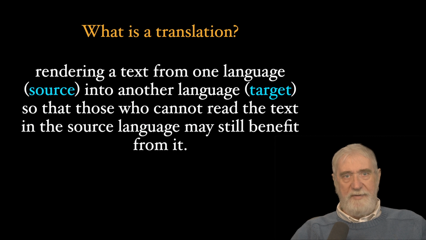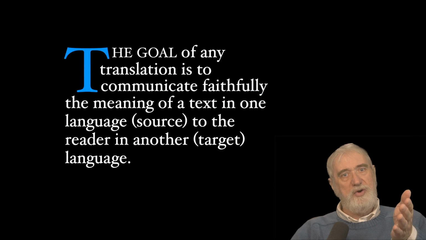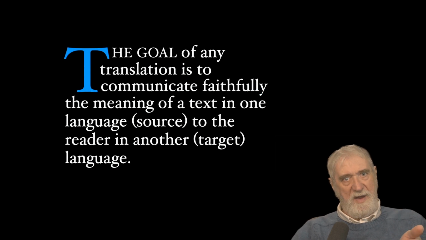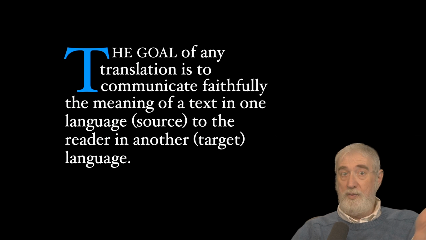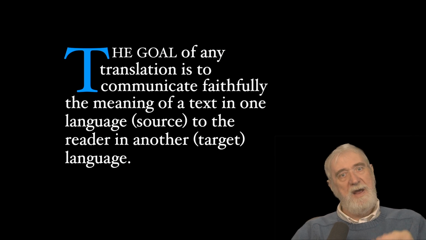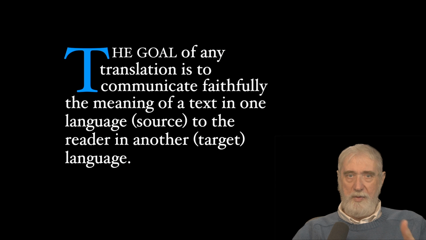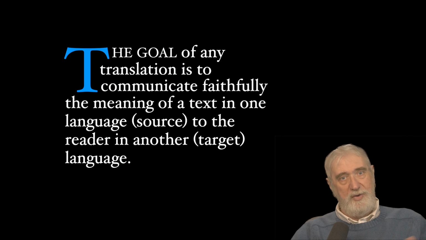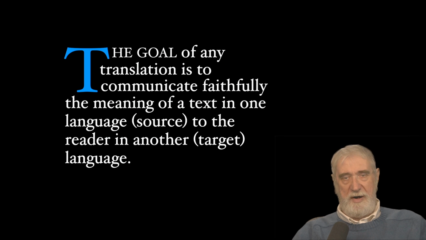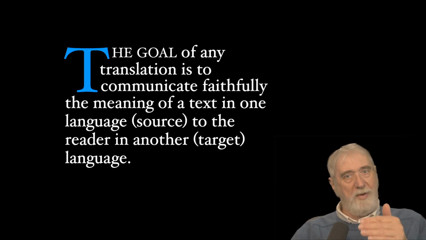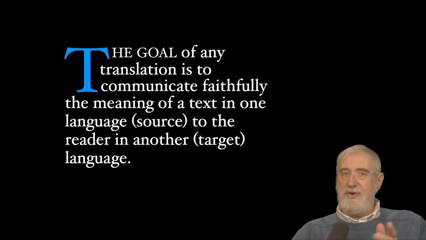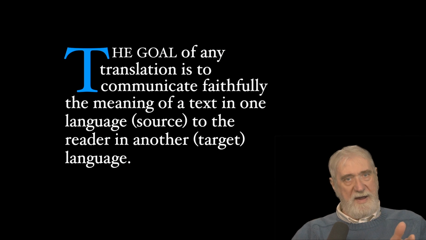Now, the goal of any translation is to communicate faithfully what the text says in one language in another language. In other words, it's to faithfully communicate the meaning of the text from the source language to the target language. But the problem arises because there's more than one way that you can approach this task.